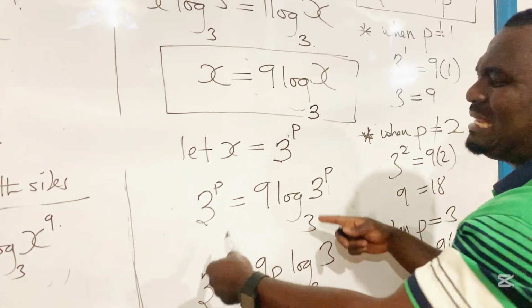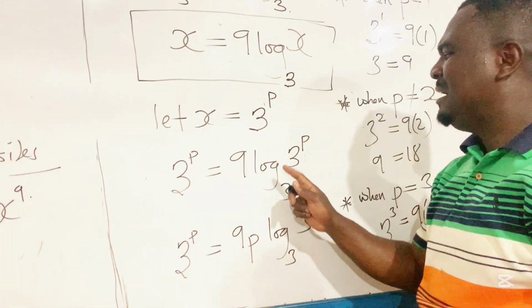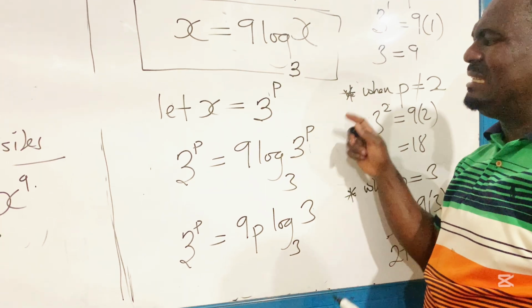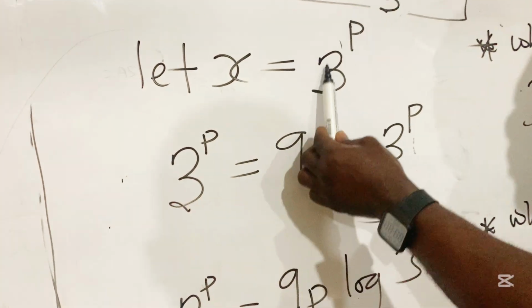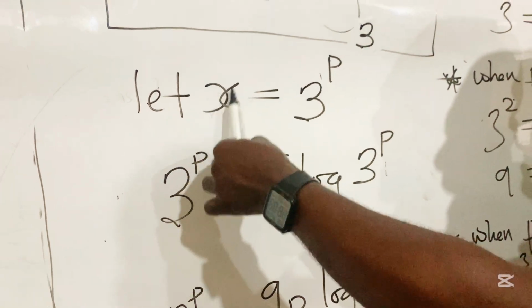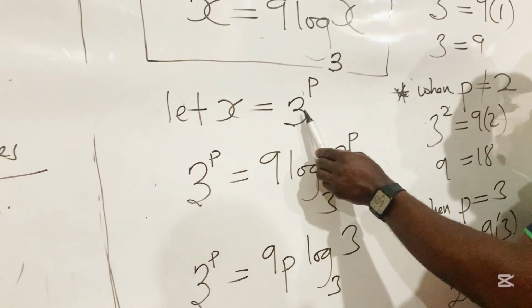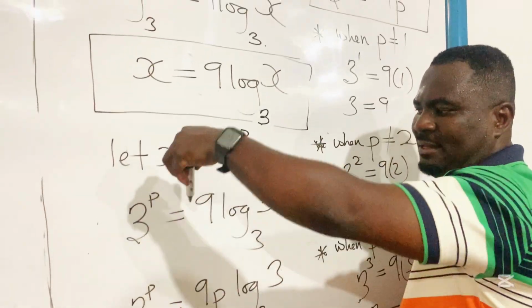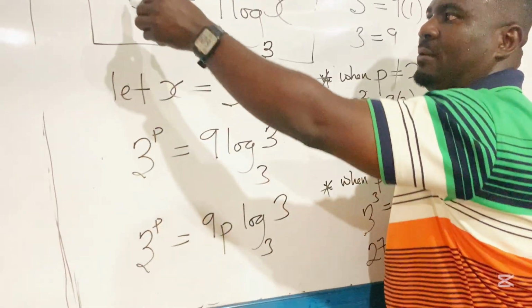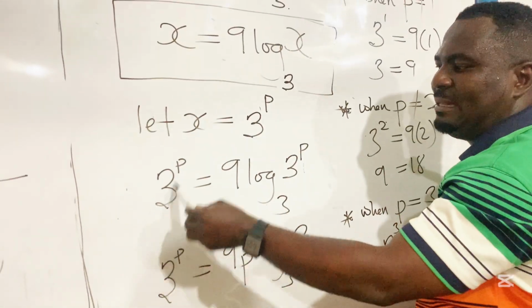You made an earlier statement saying that x is equal to 3 exponent p, meaning whenever we see x, we are to replace this x with 3 exponent p. That is why in my next step, x has been replaced with 3 exponent p.